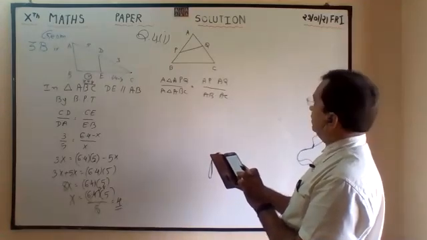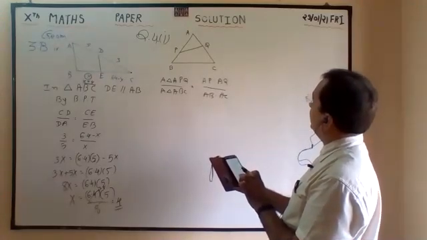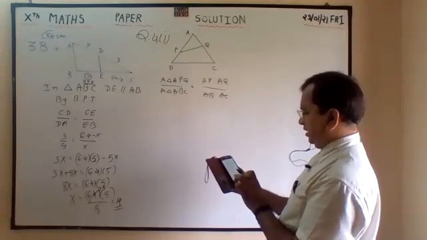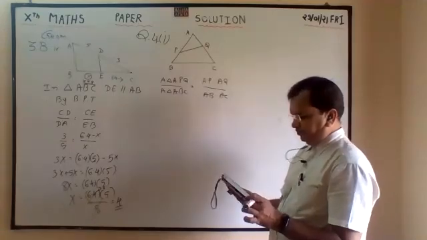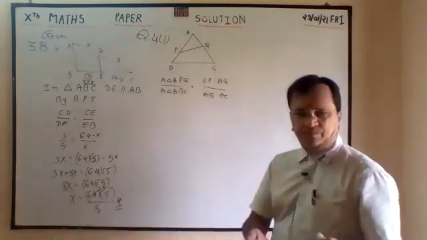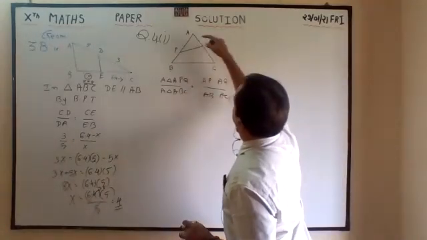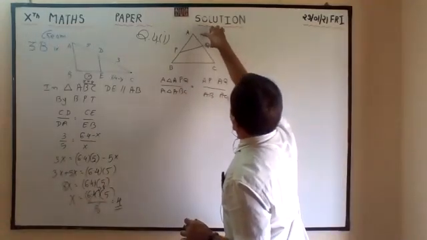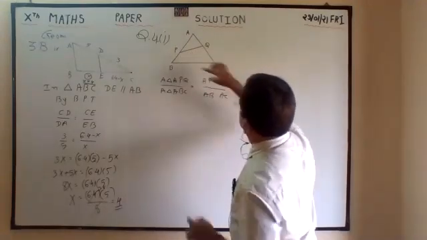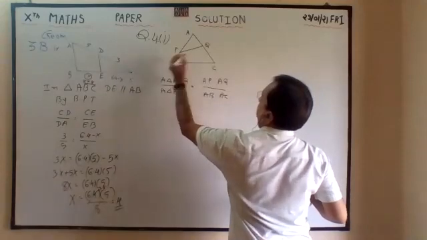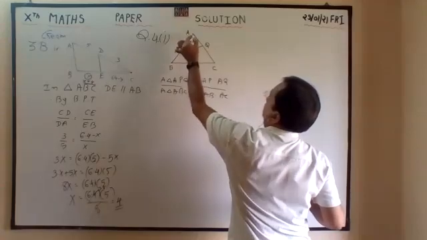Triangle given. Now, in this triangle, this into this, and in this triangle, AB, AC. Here this is common, here this is common. Now both the times A is common.